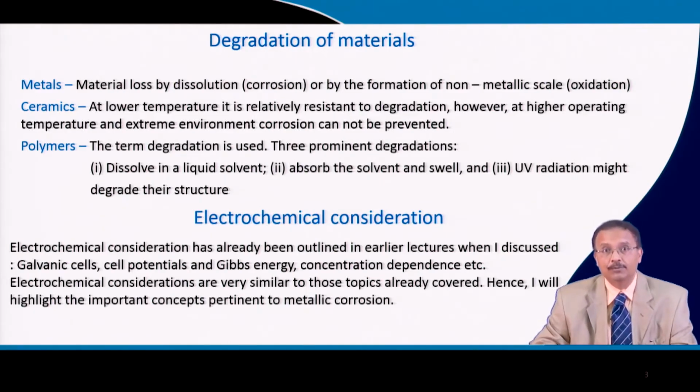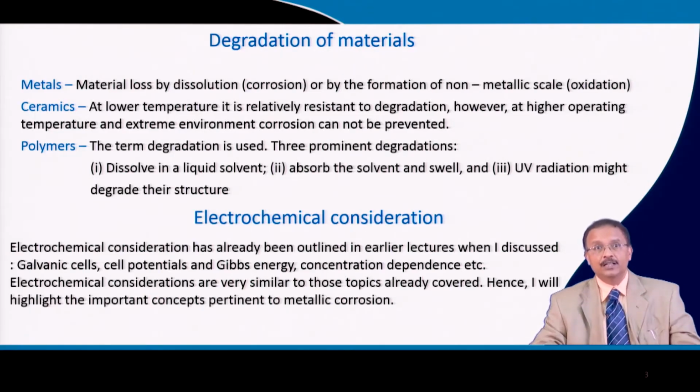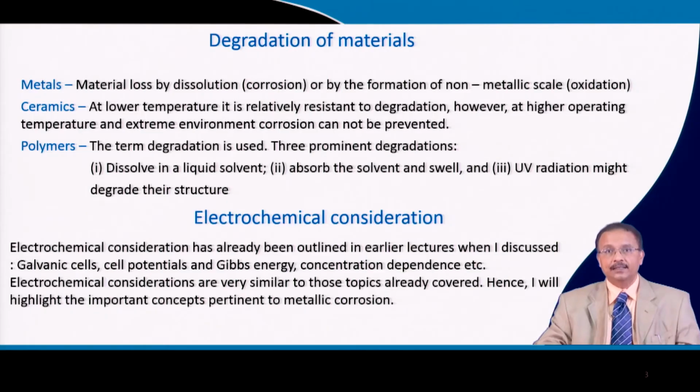So, we will talk about three prominent degradation types in the next lecture. First one is dissolving in a liquid solvent, second one is absorbing the solvent and swelling, and third one is UV radiation related degradation.